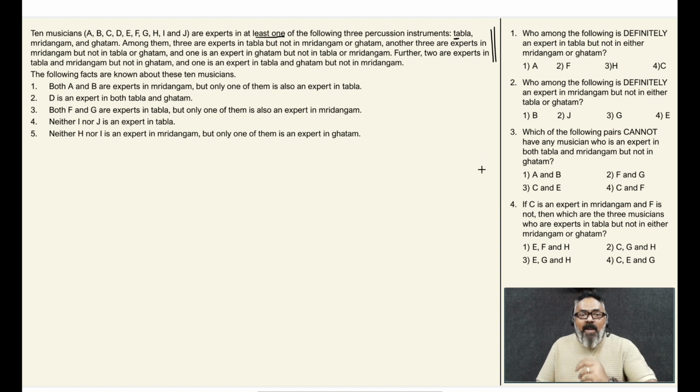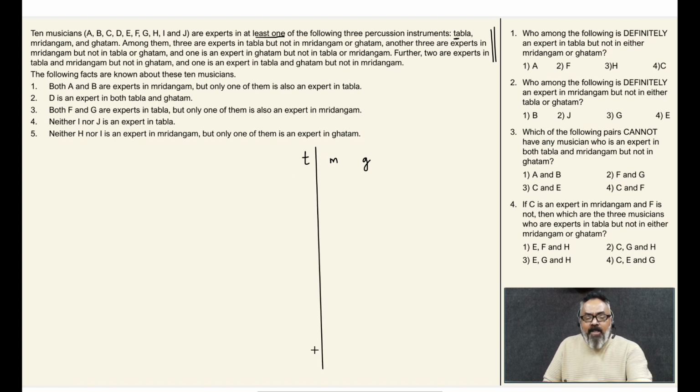So here the way I look at it is, what I know for sure is there are these 3 things. Let's say T, M and G. And there are these 10 musicians. So I'm thinking, let's first create a table like this, using a tick and cross.